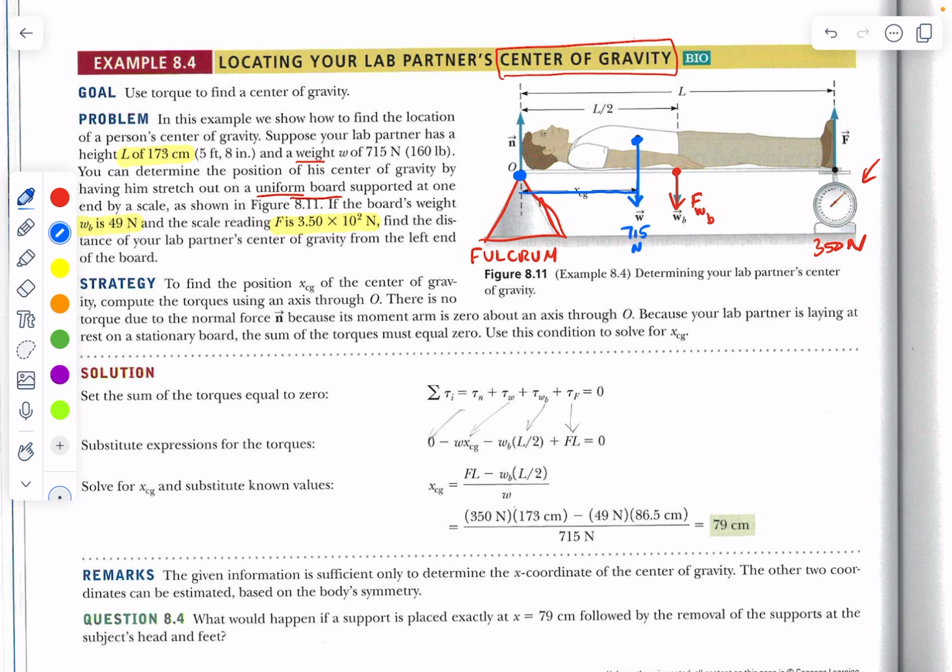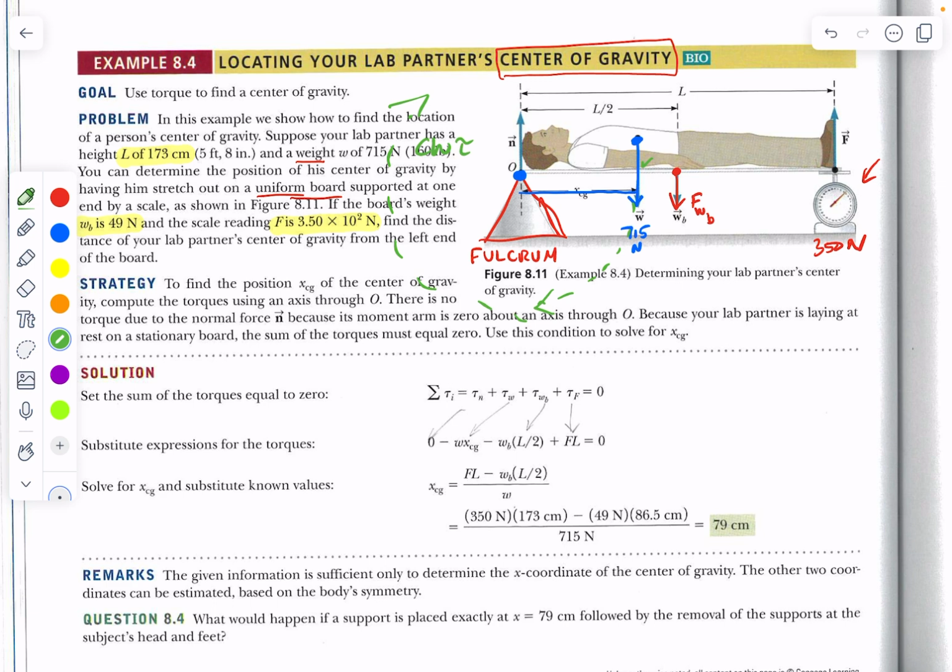So, as we get ready to solve this problem, you will notice that the person's weight, which is represented by this vector right there, if there wasn't a scale, and the only force acting was the person's weight, it would cause a clockwise torque.